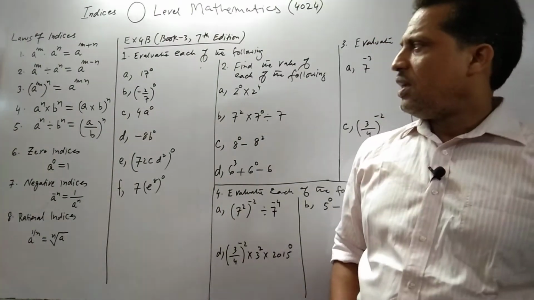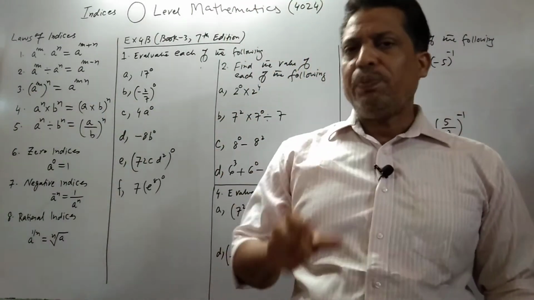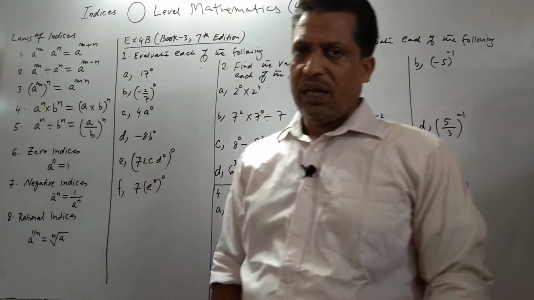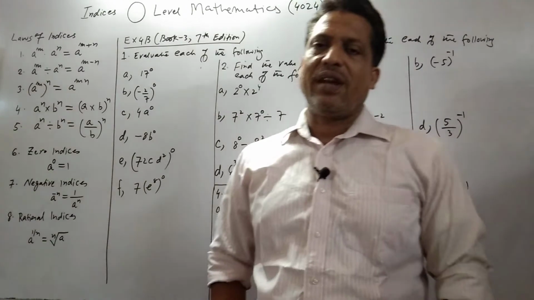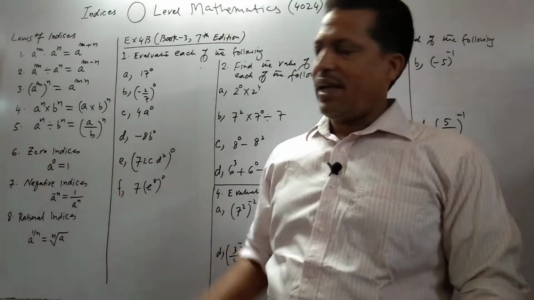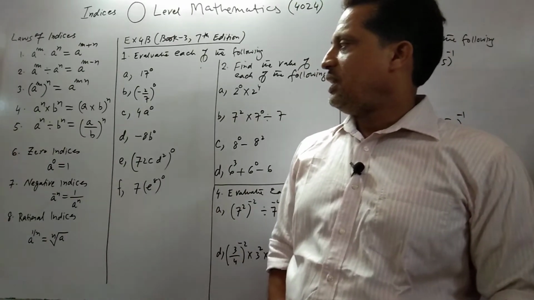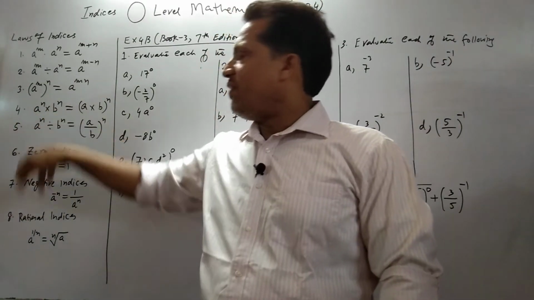The fourth law says, if we have two different bases that are multiplied but the power is the same, then we can write a power n multiplied by b power n is equal to a multiplied by b, to the power n. And finally, the fifth law: a power n divided by b power n.